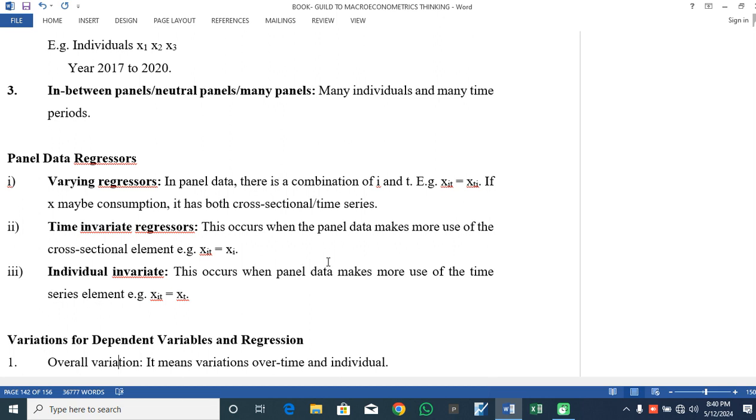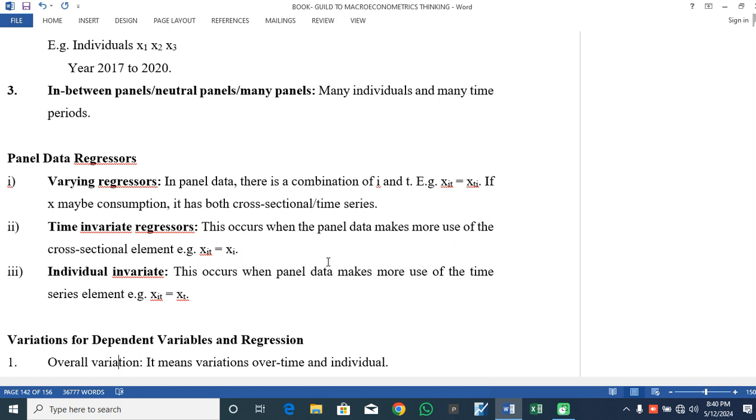In panel data, there is a combination of i and t. For example, we have S_it, S_i and t equal to S_t and i. If X may be consumption, it has both cross-sectional and time series variation.